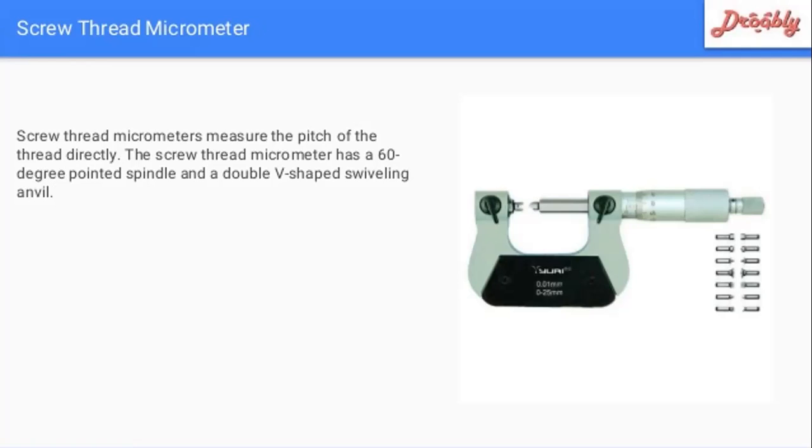So these screw thread micrometers generally have the 60 degrees pointed spindle and the double V-shaped swiveling anvil over it. So we have to fix the screw thread to this one, and then we have to fix the screw thread in it with a double V-shaped swiveling anvil.